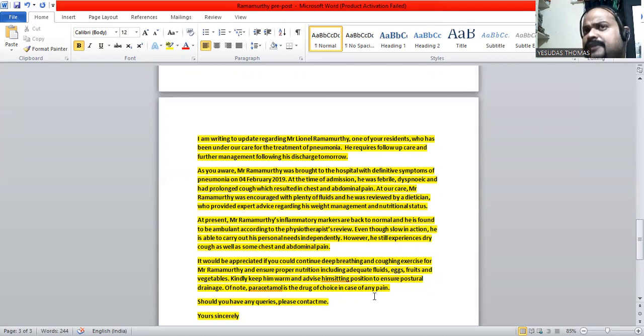We have updated the condition of Mr. Ramamurthy: he came like this, we treated him like this, and his current condition is like this. It would be appreciated if you could continue the care that we were following, and in addition, give focus on these areas. That's what the letter is.